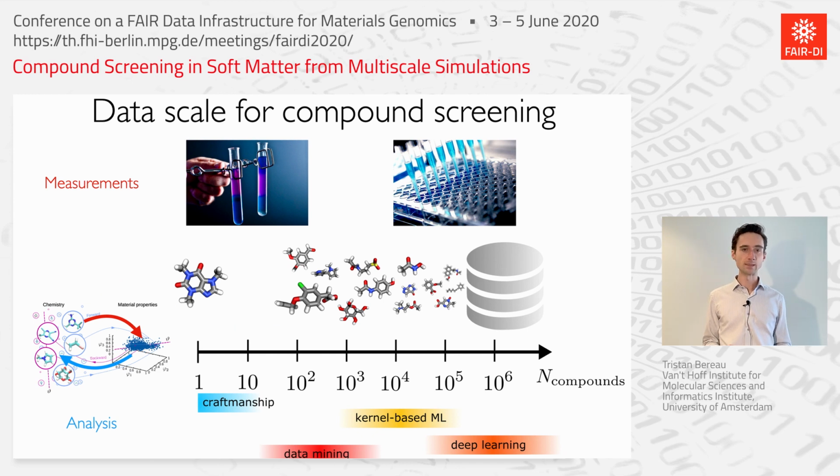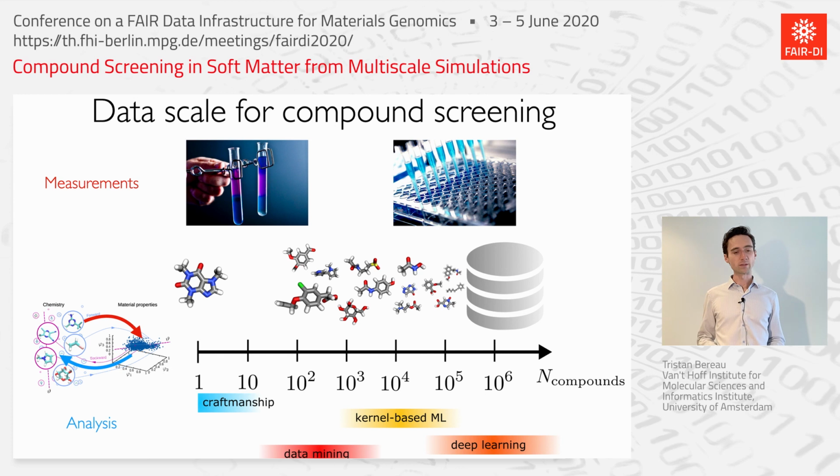And that suggests the idea of a scale for the number of data points you have to screen compounds. And that has both aspects, both before and after, in the sense that the number of measurements, the number of data points you're working with, will determine what type of experiments you can work with. If you only want to work with a few compounds, you can do this by hand, but if you want to work with 10,000, hundreds of thousands of compounds, you have to automate the whole procedure.